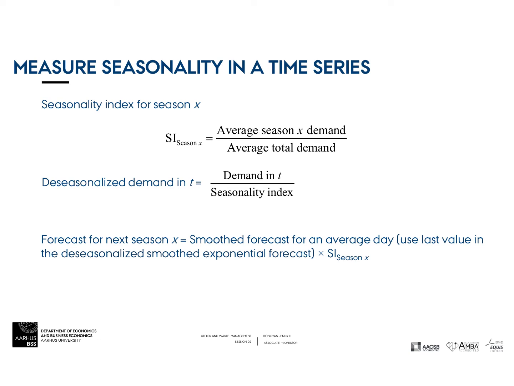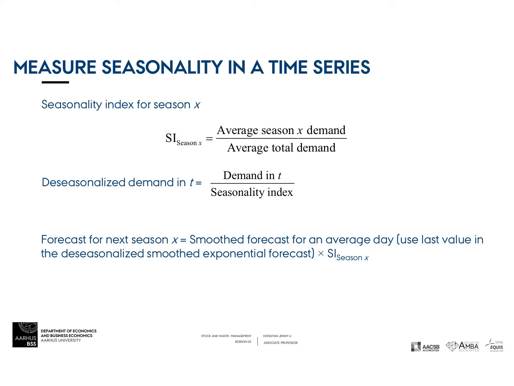There are many different methods to measure seasonality. Here in the textbook, they use a very simple method. You estimate the season X average demand, then divide it by the average total demand, and this shows you the seasonality. Then to deseasonalize the demand in period T, you divide the demand by the seasonality index.